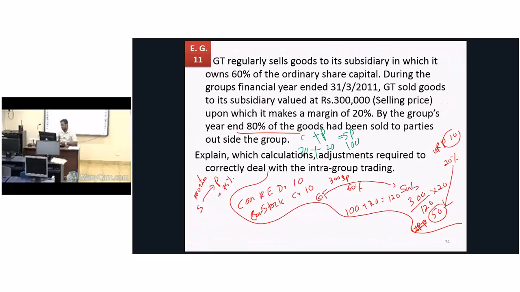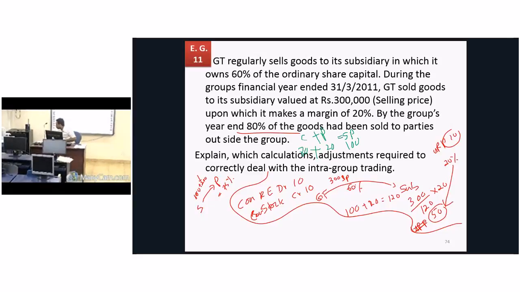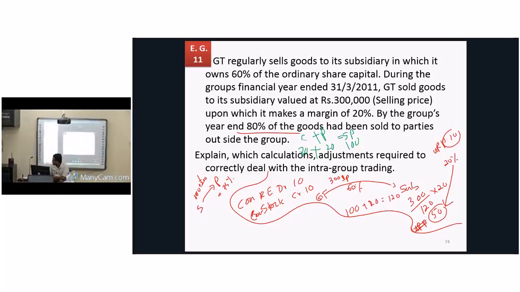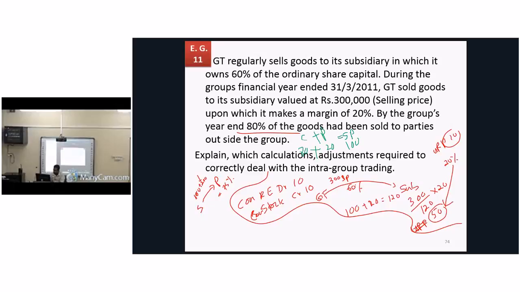Look at this. Now, what is your unrealized profit in this case?